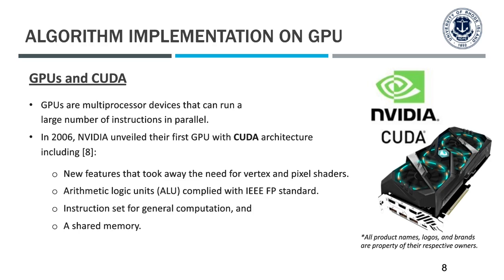The second key element in our approach is the GPU. The GPU, or graphics processing unit, is a multiprocessor device that can run a large number of instructions in parallel.